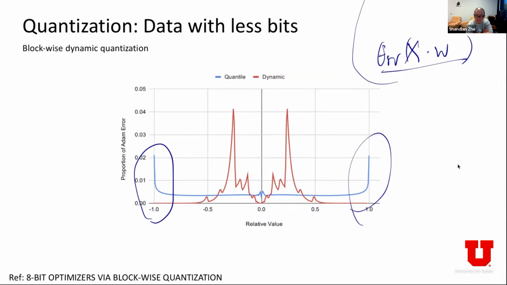I can use Cauchy distribution. I have a lot of choices. Why do people just use the normal distribution, which has a very thin tail? Or do you see some work trying to use other heavy tail distributions to replace the normal distribution? Not yet.